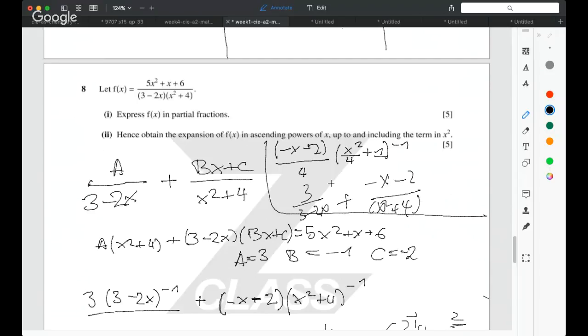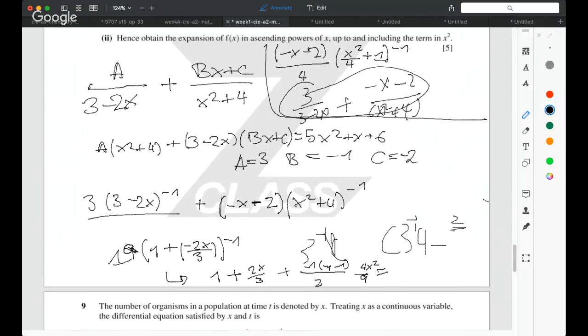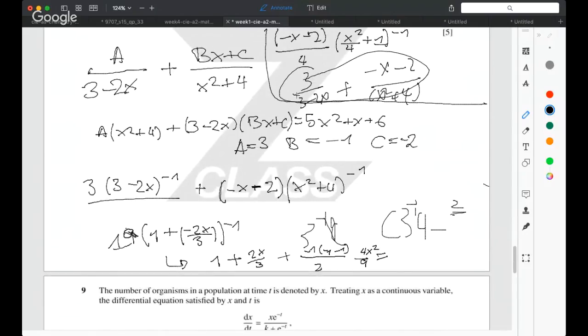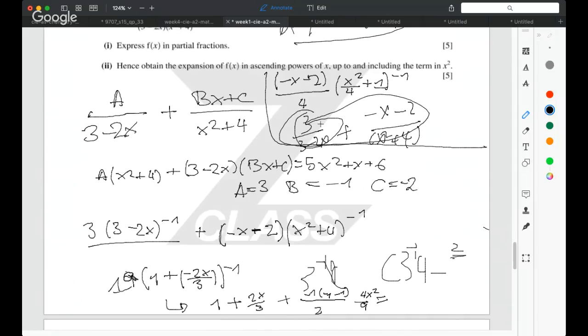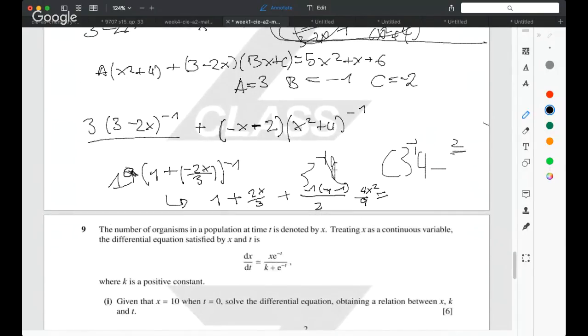Okay, so the question asks you to expand this in terms of a number plus bx plus cx squared plus something, right? And you do it by the binomial expansion as we said. So we expand it one term at a time. We first expand this term and then we expand this term and then we add them up. You get it now.